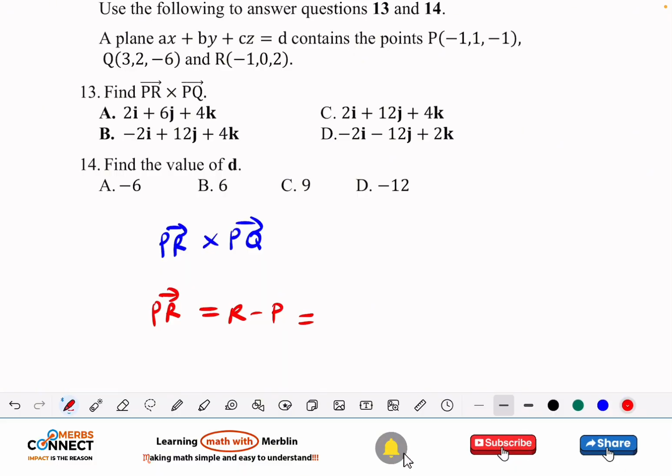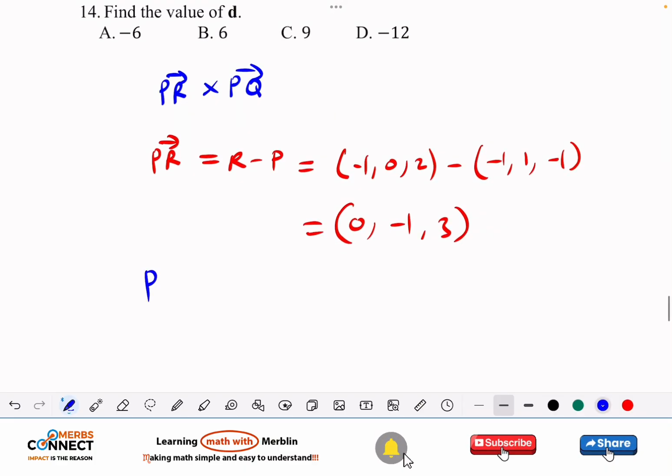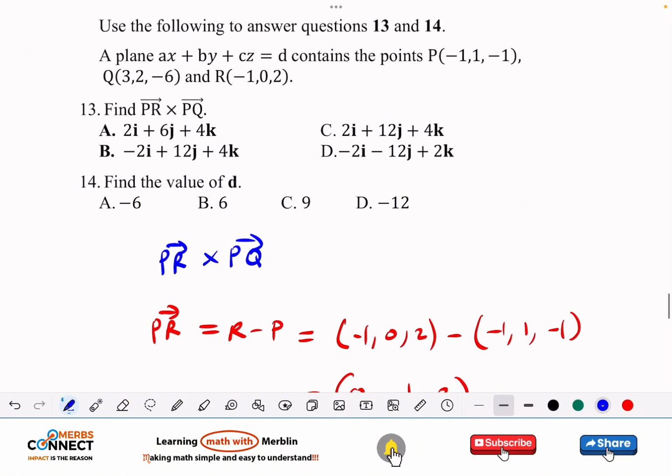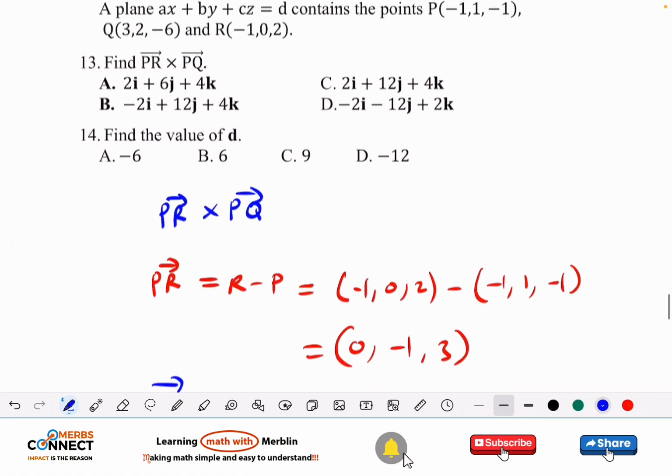So what are we going to get from here? We are going to have R is minus 1, 0, 2 minus P is minus 1, 1, minus 1. And this is going to give us 0, minus 1, and 3. Good. Then PQ is going to give us Q minus P. Q is 2, 3, minus 6. Is it minus 6? Yes.